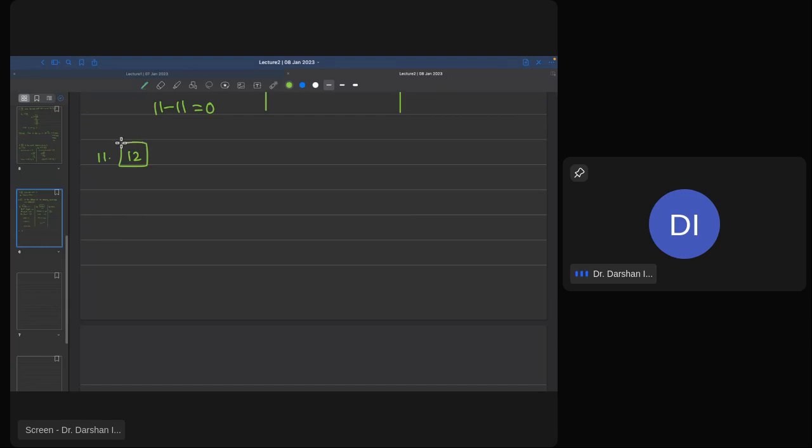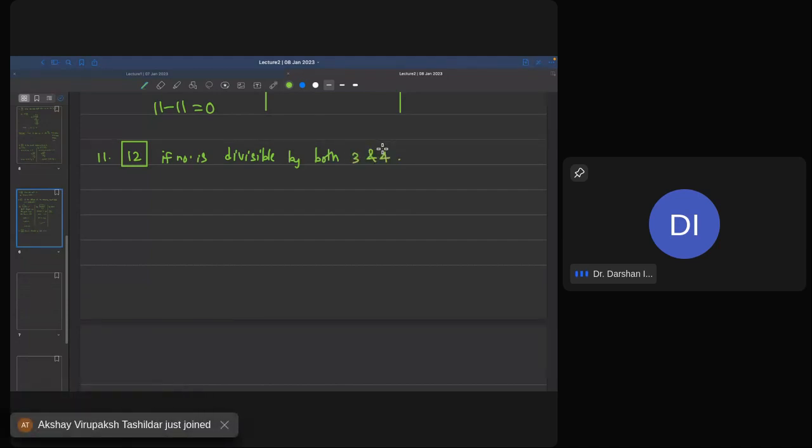I say if a number is divisible by both 3 and 4, then it is divisible by 12. Absolutely nothing as such to be checked over here. It is quite straightforward to figure this out. If both of these are working in this way, then it's fine.